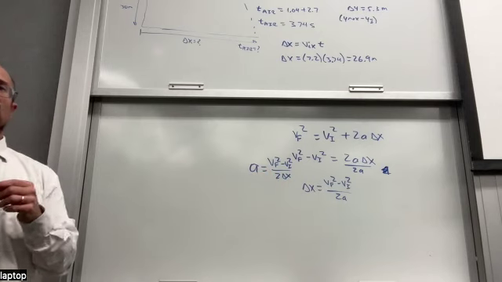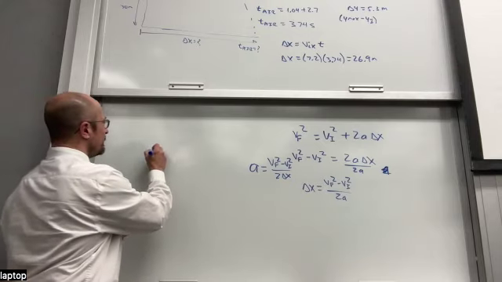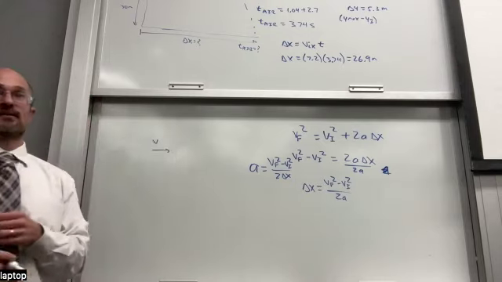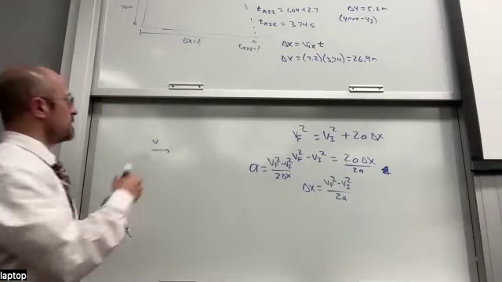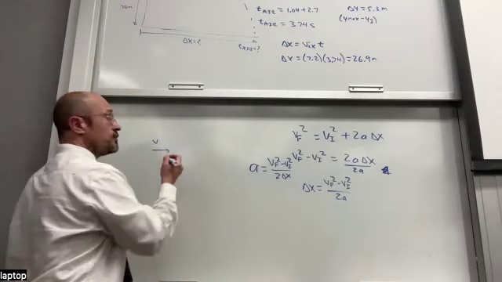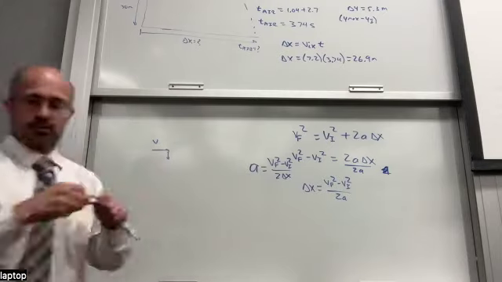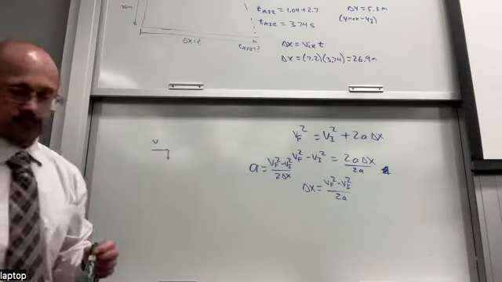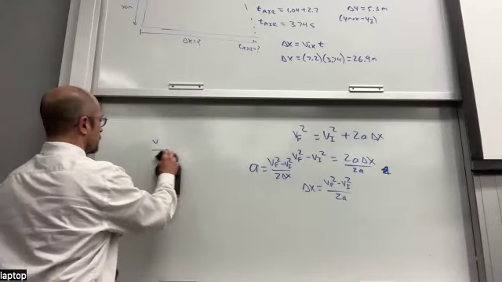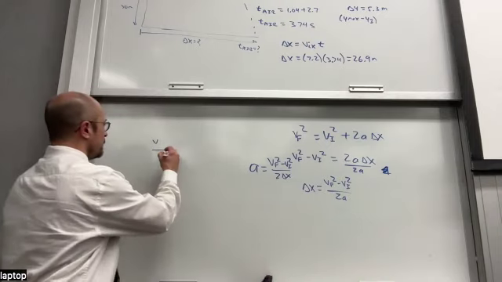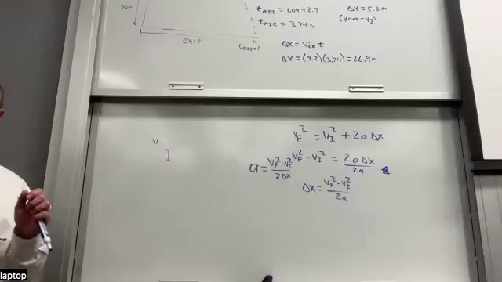All right. So you want to talk about turning. The idea is that this is your velocity vector of your car. If you're turning at a constant speed, you apply an acceleration vector that's at a right angle to the velocity vector.